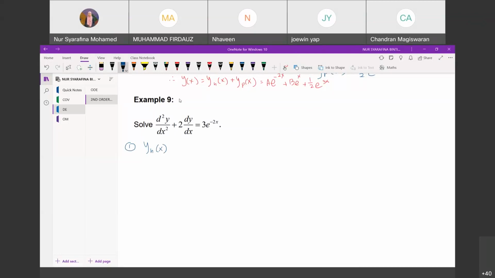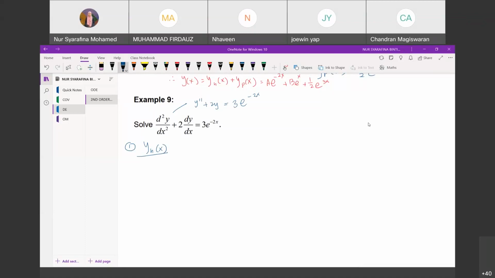Change to the characteristic equation, right? You know that this is y double prime plus 2y prime equals 3 e to the power of minus 2x. Thank you, Chandran.